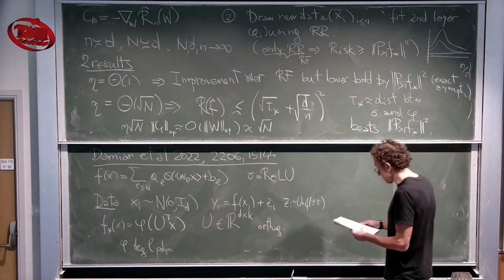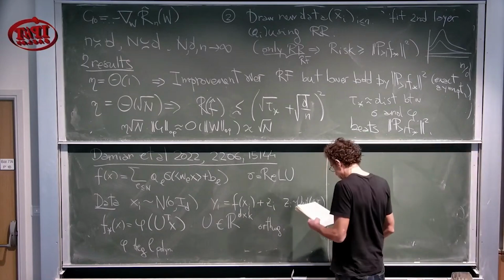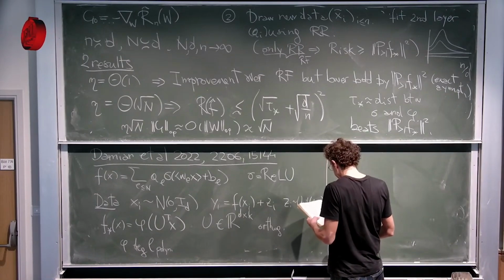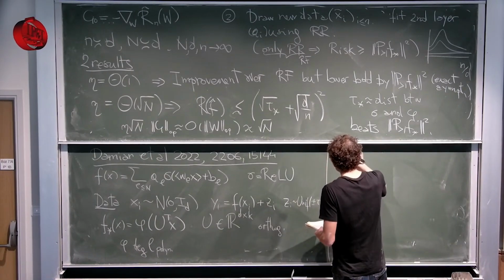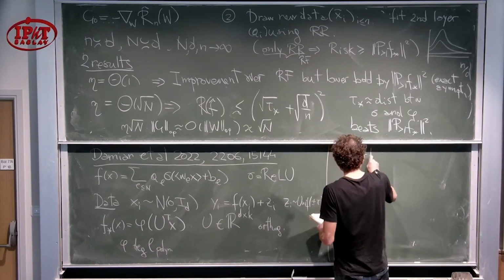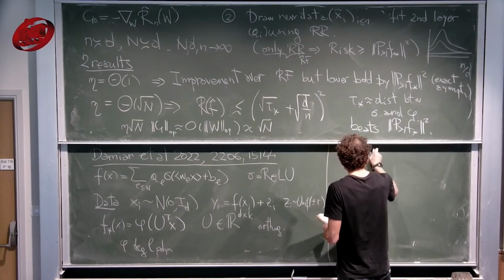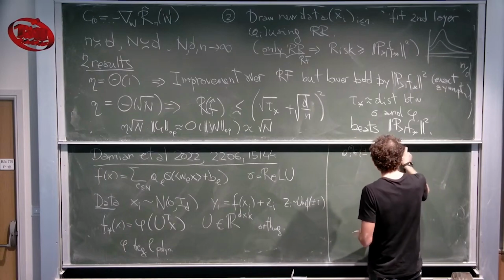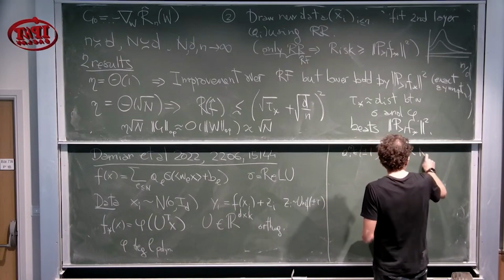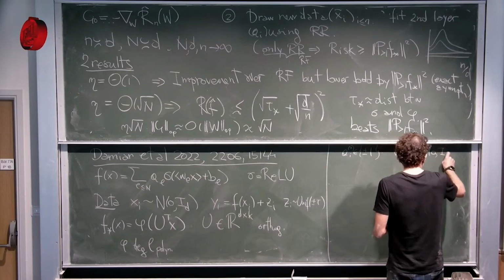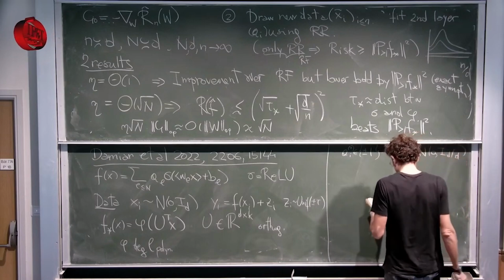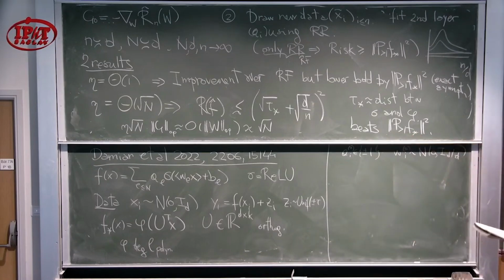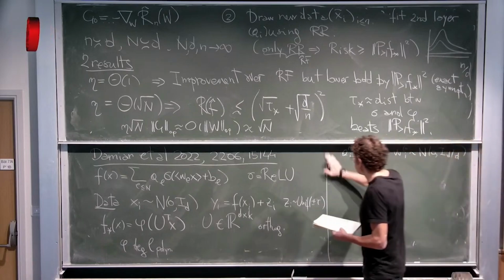What is the algorithm? Okay, so they initialize with a_i plus or minus 1, W is the same essentially, and b_i to be 0.